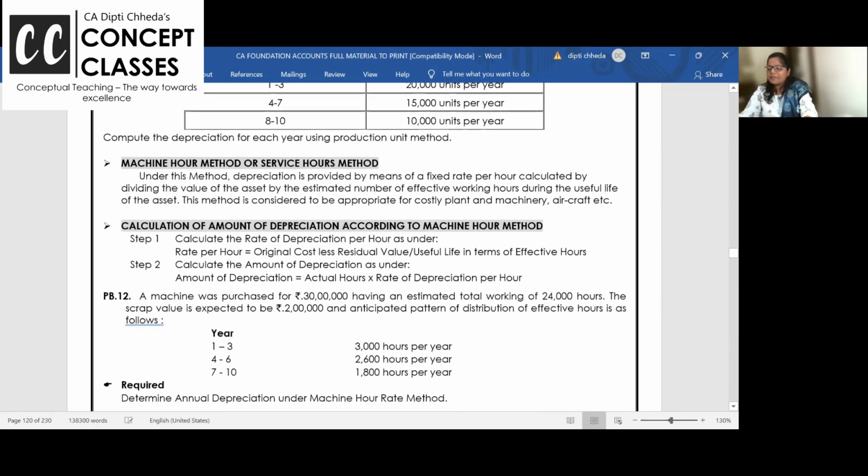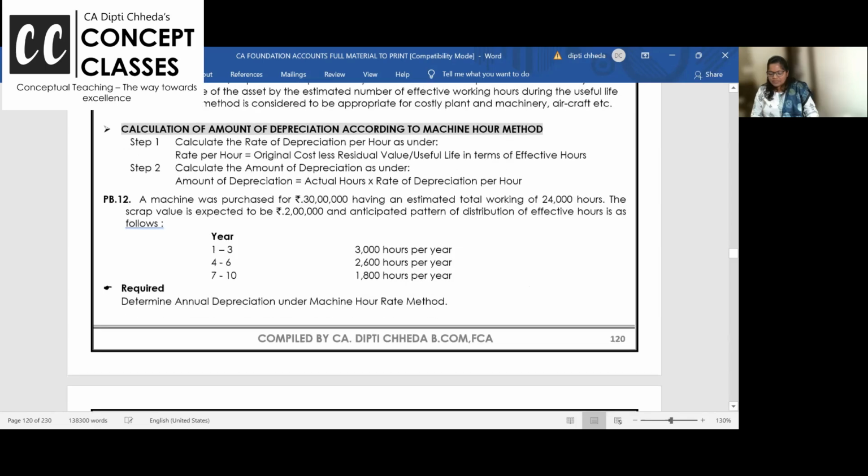You have to divide by the machine hours, almost similar to what we do in costing also. Under this method, depreciation is provided by way of a fixed rate per hour. This machine will work 8 lakh hours. So per hour, what is the depreciation? And then according to that, multiply the actual hours by this rate.